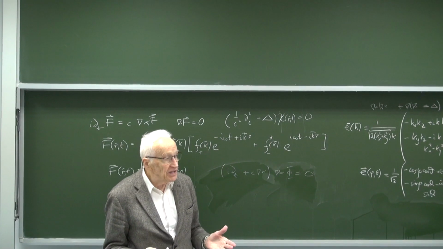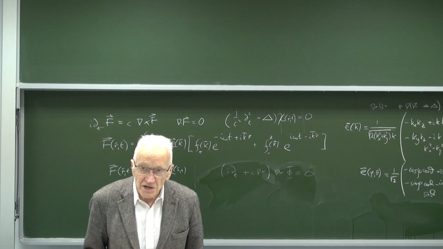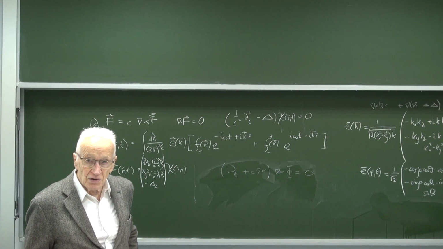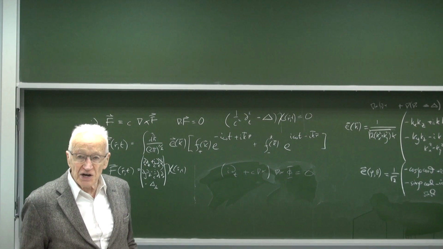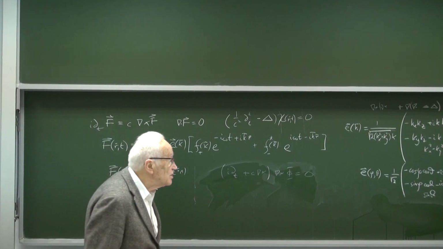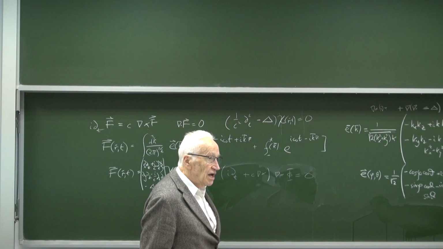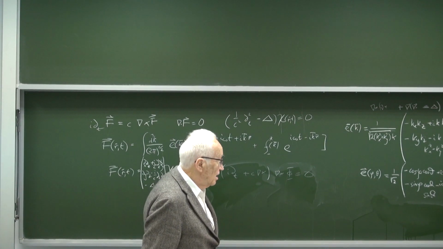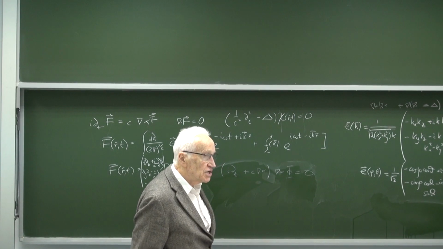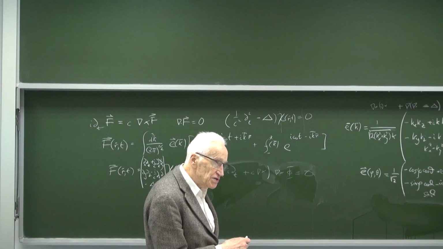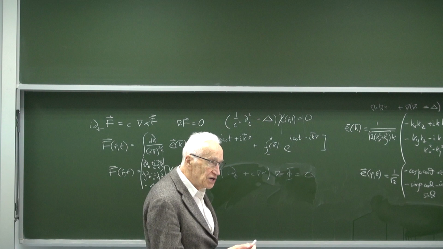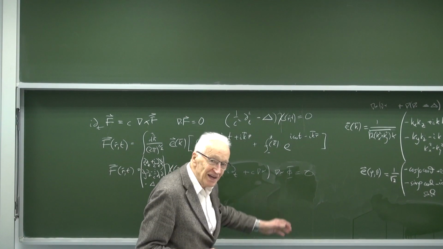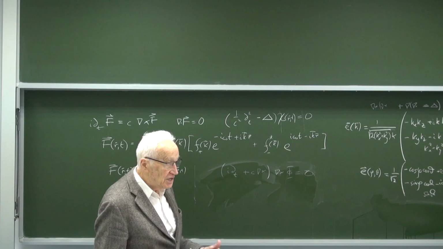How does that fit the standard approach? This approach is also known, and this is called the Hertz superpotentials. What are Hertz superpotentials? They are two real vectors that give you the solutions of Maxwell equations by differentiating them twice. And this is exactly the formula for the Hertz superpotentials.